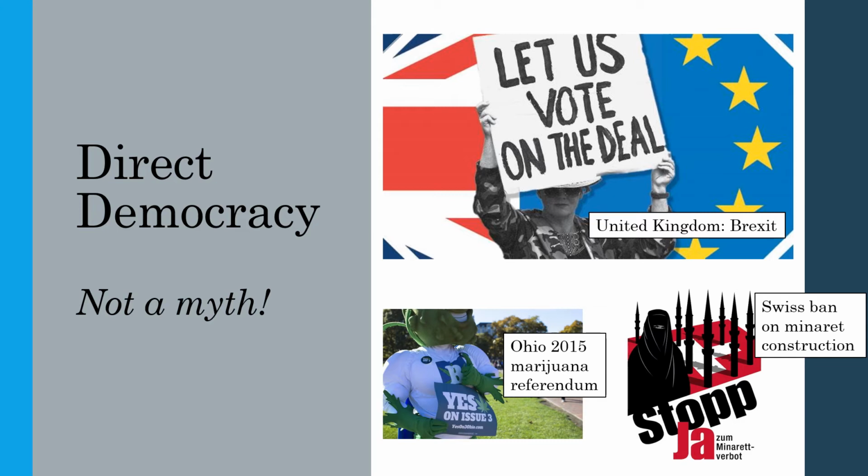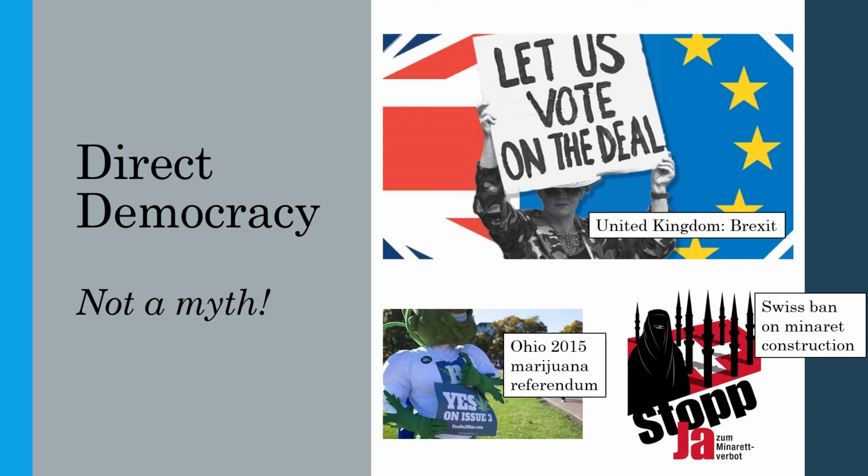Switzerland allows national direct democracy to amend its constitution, as do a number of other countries in Europe. And a Swiss example from 2009: 57.5% of Swiss voters approved an amendment to their constitution to ban new construction of Islamic minarets.